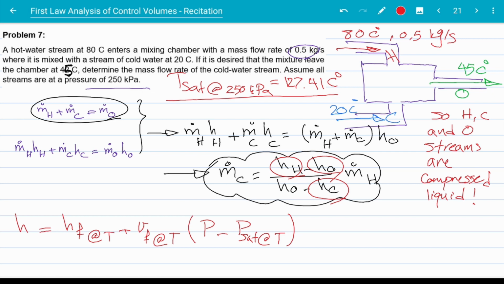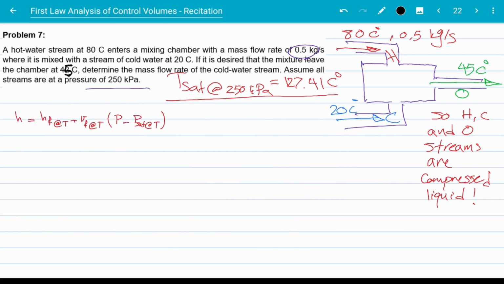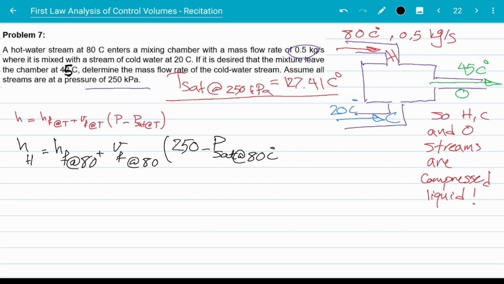Now using this equation, I can approximate the enthalpy of all these three streams. So for example, the enthalpy of the hot stream is going to be the enthalpy of saturated liquid at 80 degrees Celsius plus the specific volume of saturated liquid at 80 degrees Celsius times the pressure of the stream, which is 250, minus the saturation pressure of 80 degrees Celsius.